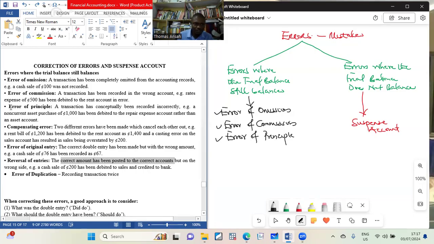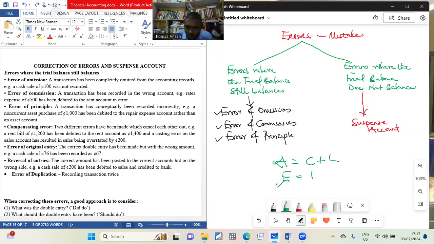There is a similarity with the error of principle. Here the concept is A equals C plus L, and we have E and I. E is expenses. These two are debit. So instead of debiting this, you debit that one; that is what we call an error of principle. Instead of crediting something here, you go and credit elsewhere.